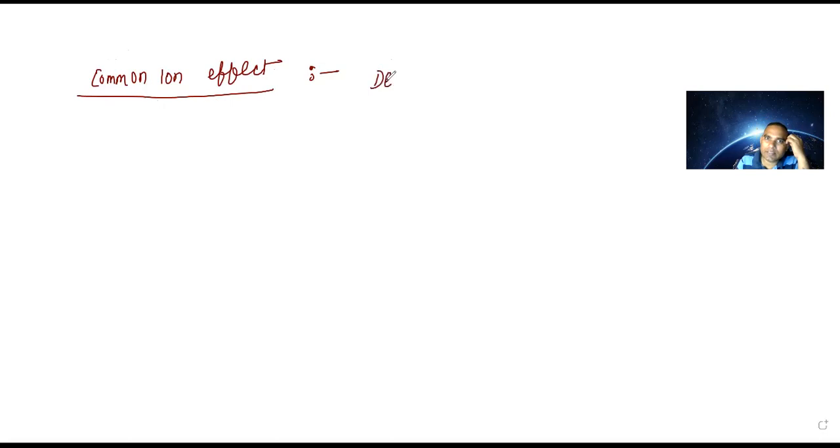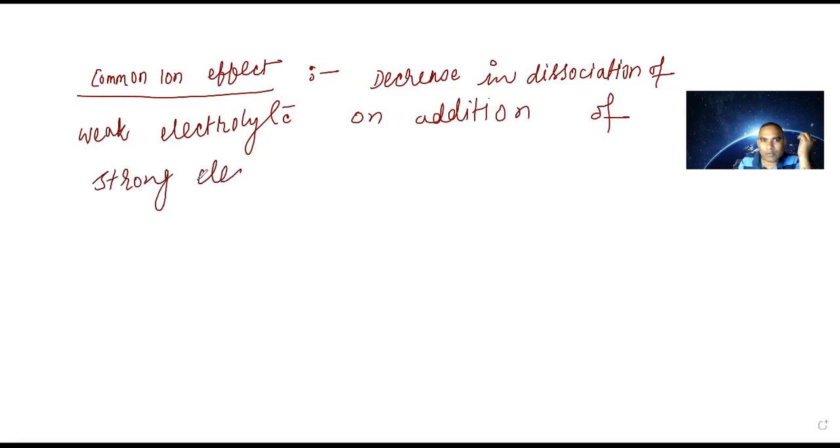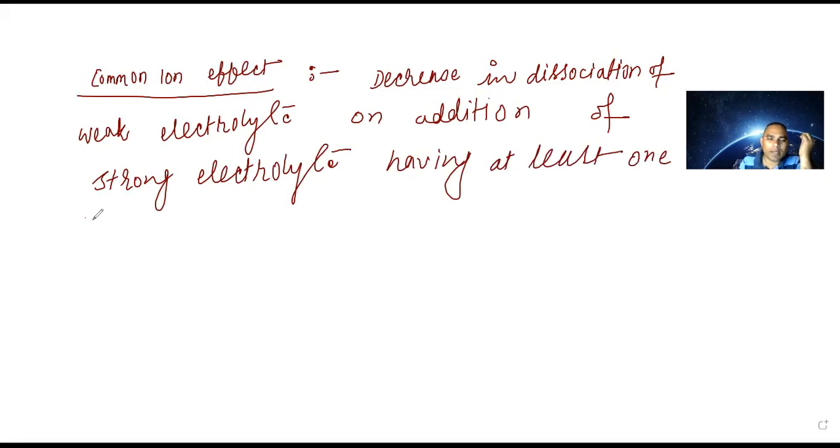They are saying it is the decrease in dissociation of weak electrolyte on addition of a strong electrolyte having at least one common ion, right? Having at least one common ion.